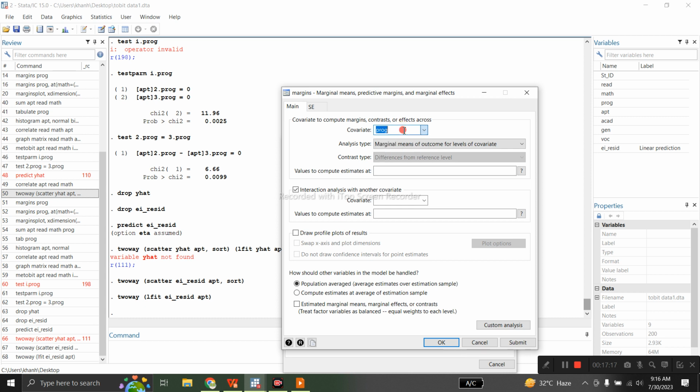I'll do this here, and my covariate is math, say for example, and this is 40 with interval of 10 to 80. Let me see what it does.